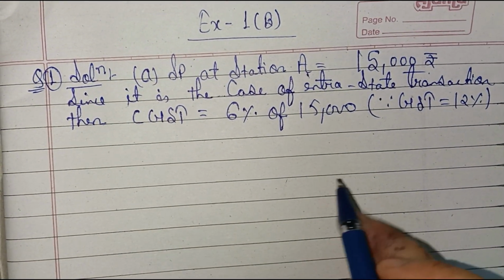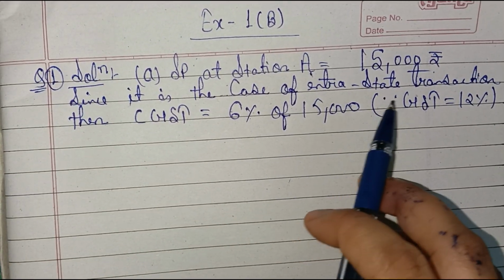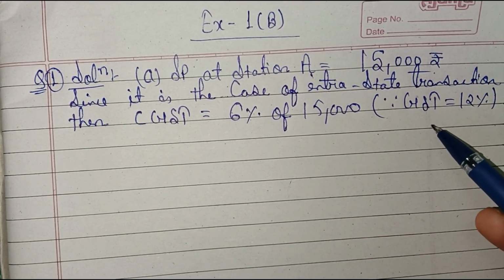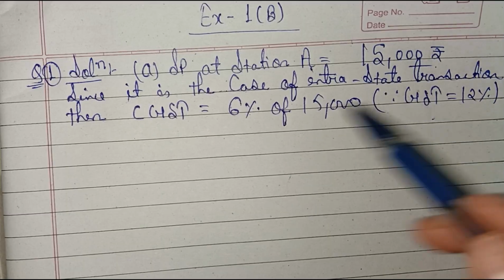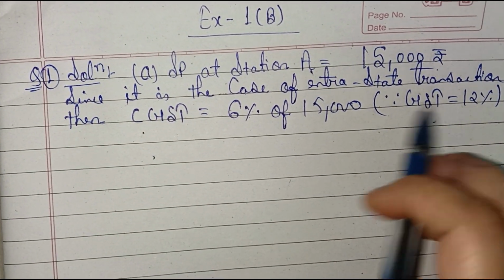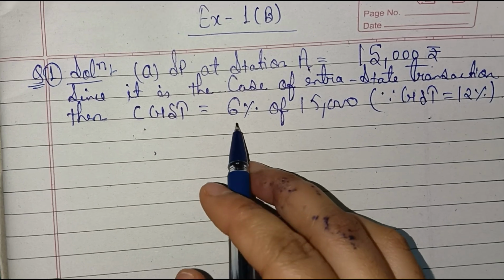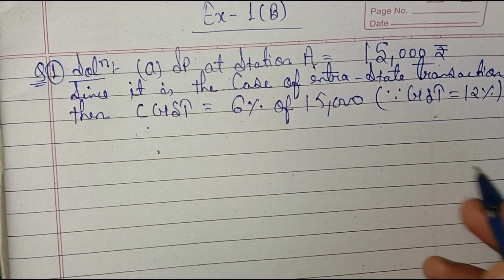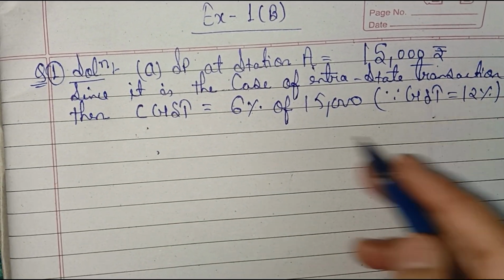and we know that if it is the case of an intra-state transaction, then GST is distributed between CGST and SGST. Therefore, GST is equal to 12% and CGST is equal to 6% and SGST is equal to 6%.